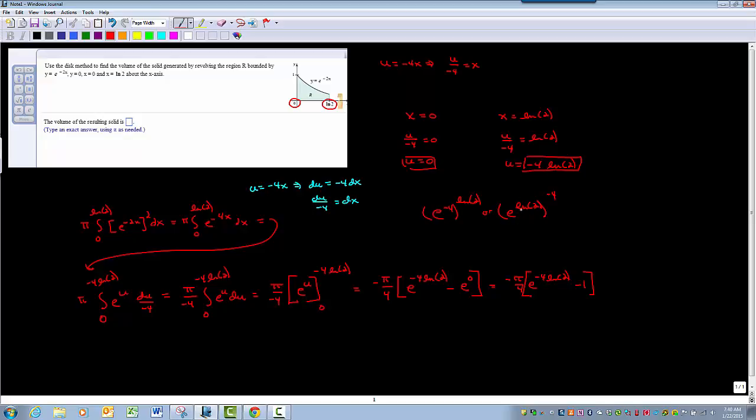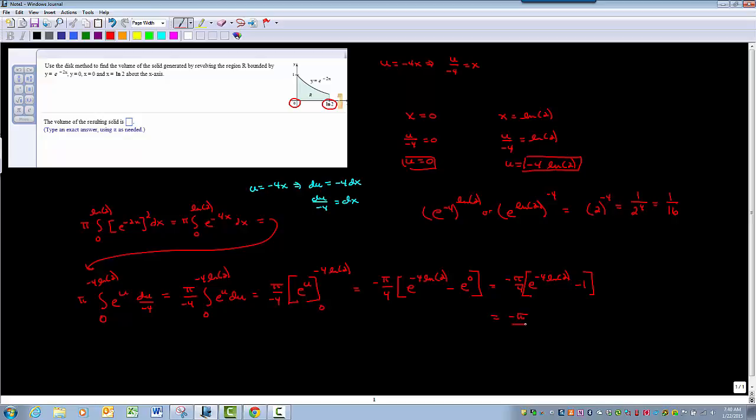So e to the natural log of 2 is just equal to 2. So this is just 2 raised to the negative 4, which is 1 over 2 to the 4th, or 1 over, let's see here, I think 16. So this is just 1/16.